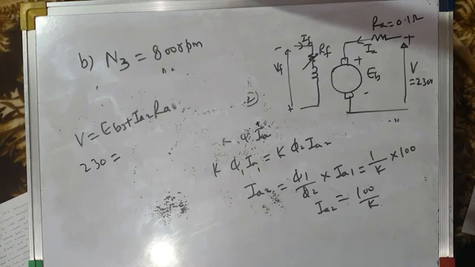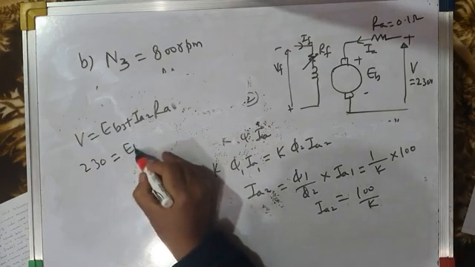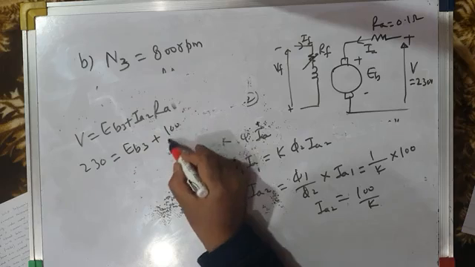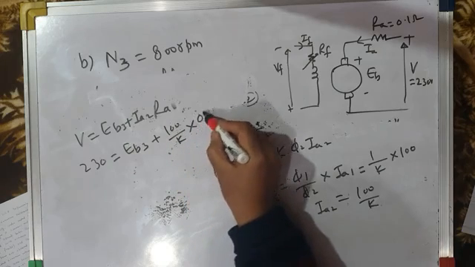What is EB3? We will write EB3 as follows, plus Ia2, which you have found, it is 100 by K, into what is the armature resistance? 0.1.